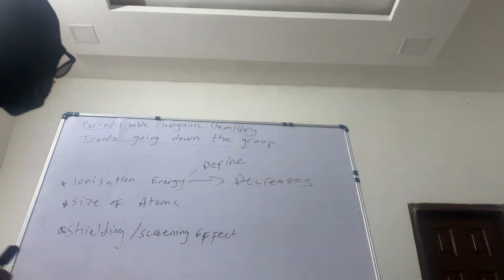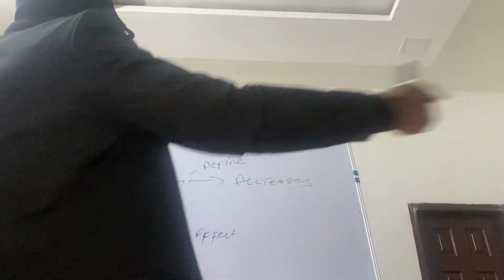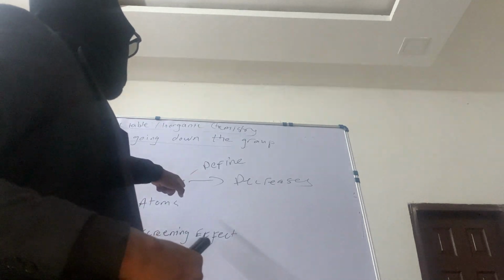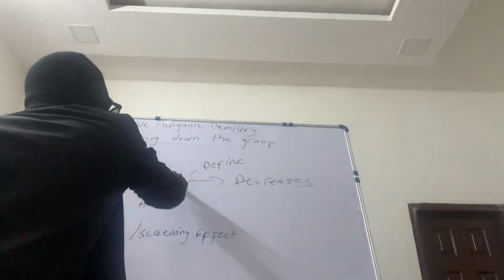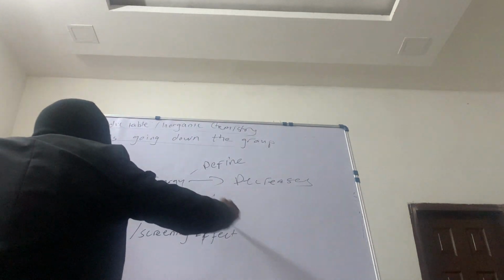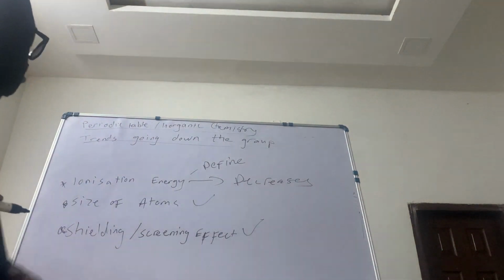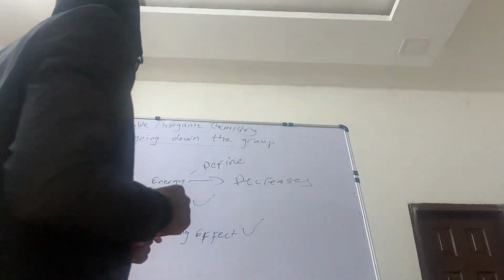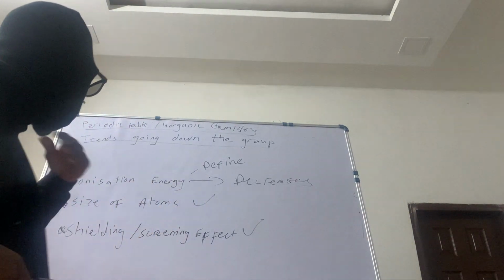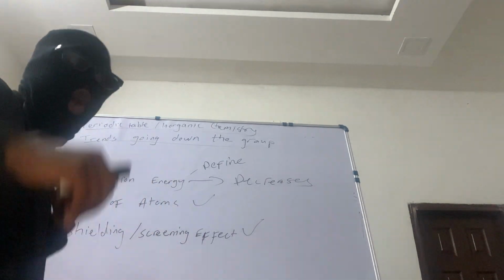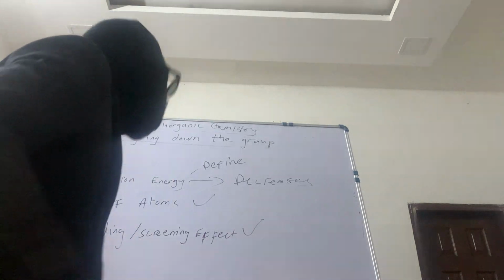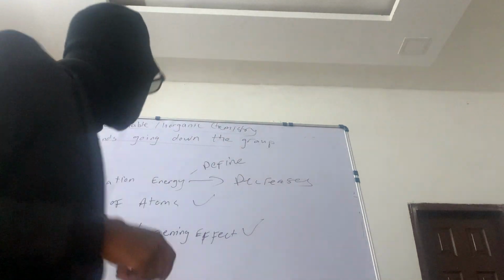Yes, so in order for us to know why the ionization energy is decreasing, we have to first know what is happening to these factors as we go down the group. We have already talked about the size of the atom, whereby we were saying that the size of the atom is going to increase as we go down the group.